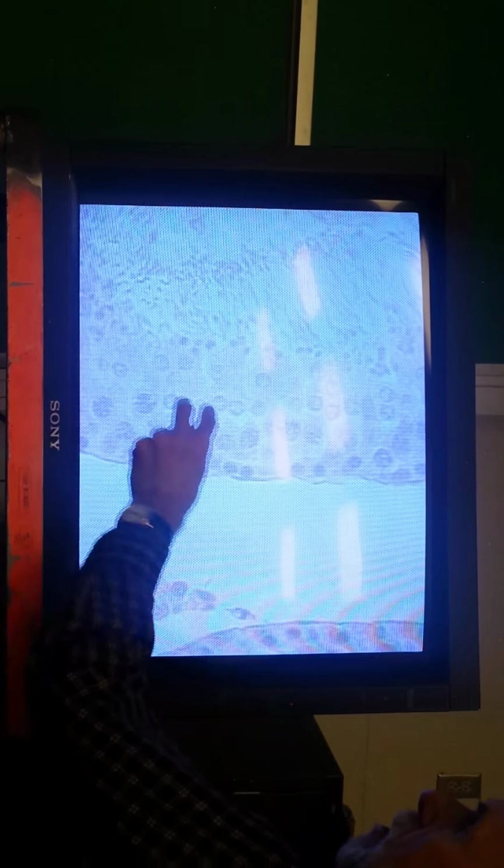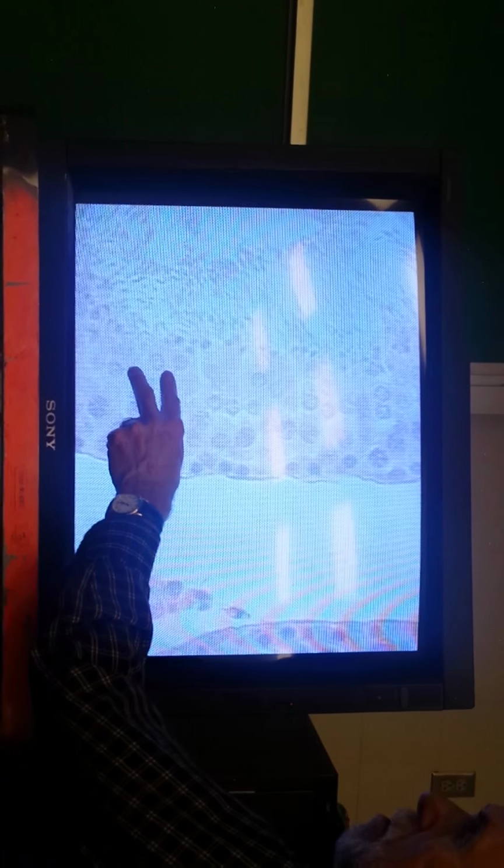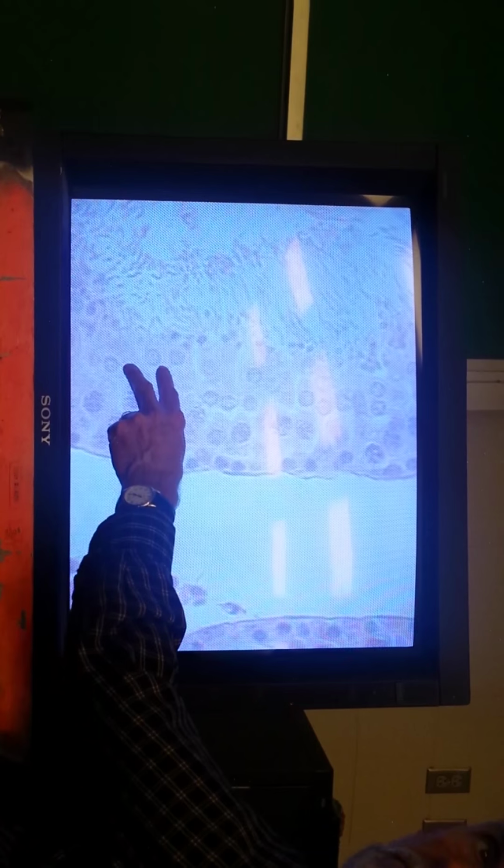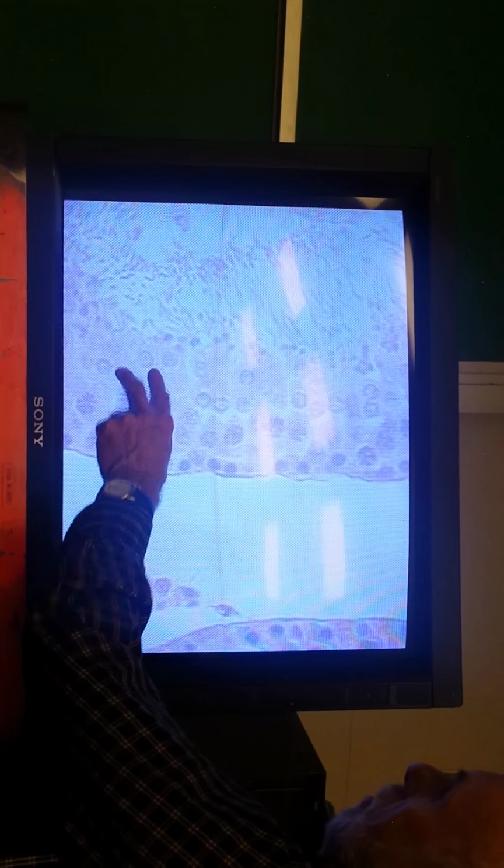Primary spermatocytes. The big nuclei in the second and third rows, maybe. These out here, secondary spermatocytes. These little bitty ones, spermatids. And we can see tails of sperm in here. So those are your layers in the wall of the seminiferous tubule.